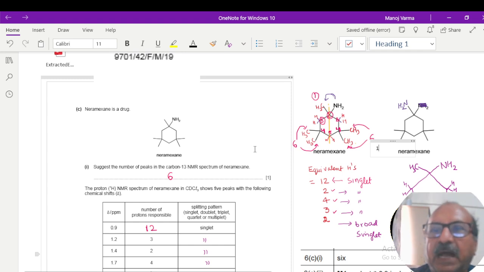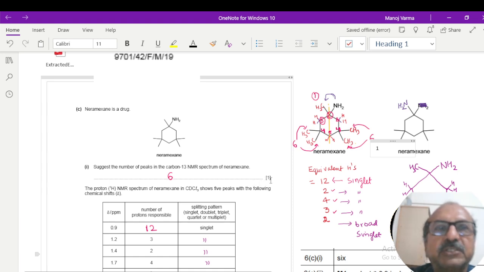I hope the students as well as the teachers will find this useful and be able to understand some deeper concepts of analytical chemistry and spectroscopy in particular.